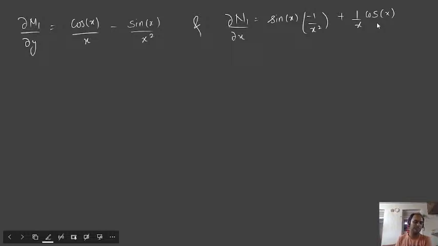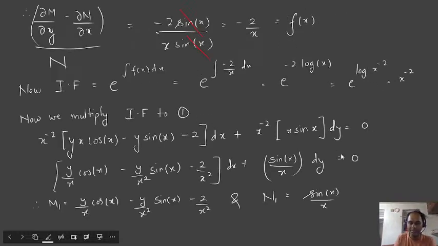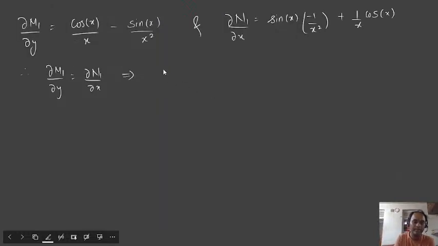So this is what we get, and hence we say that ∂M1/∂y is ∂N1/∂x, which implies this differential equation 2 is exact.